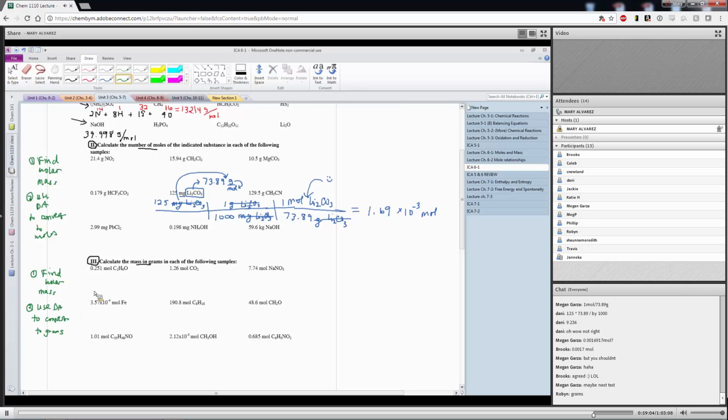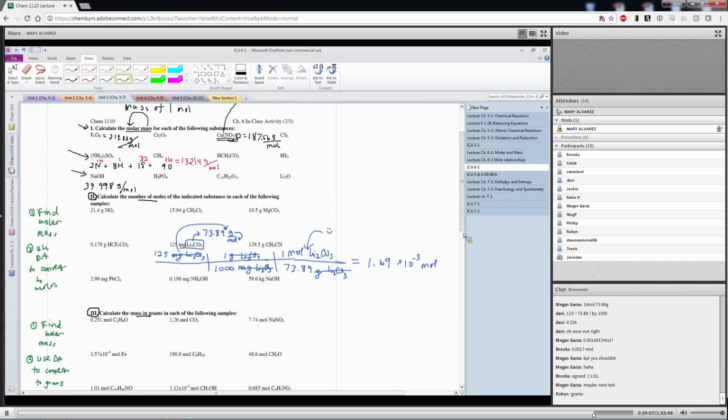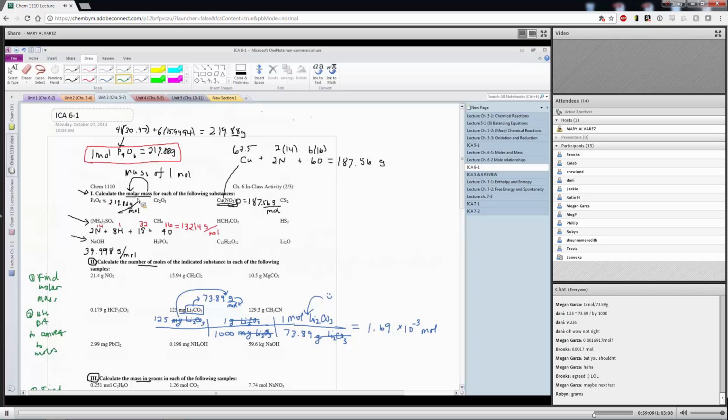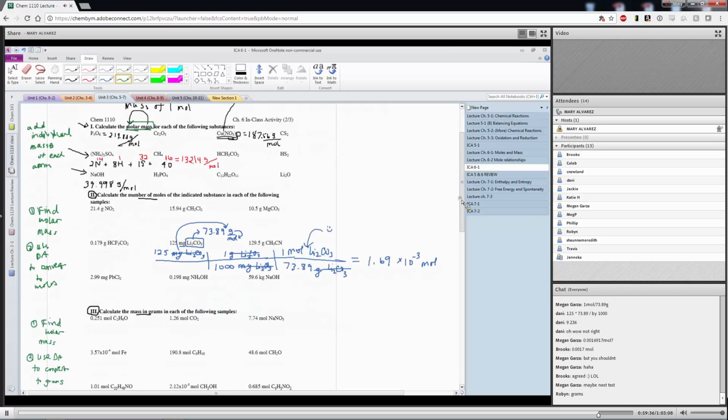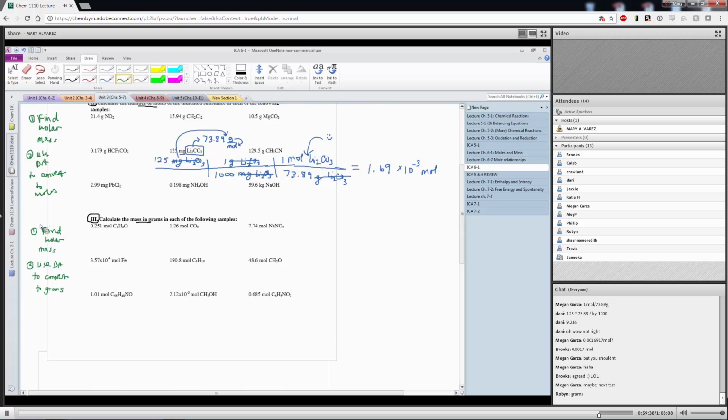But pretty much the same thing. And then how do we find the molar mass? That is exactly what this section was. We add together the individual masses of each atom in the molecule. So step 1 gave us the practice for the first thing we're going to have to do for both of these sections.